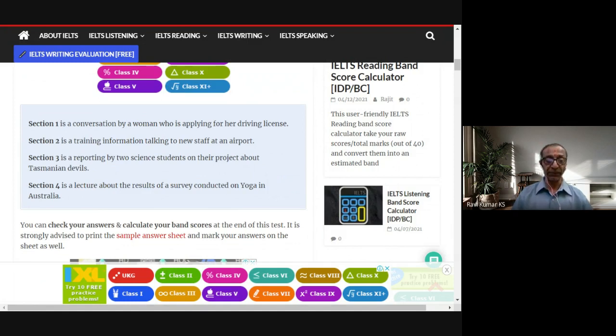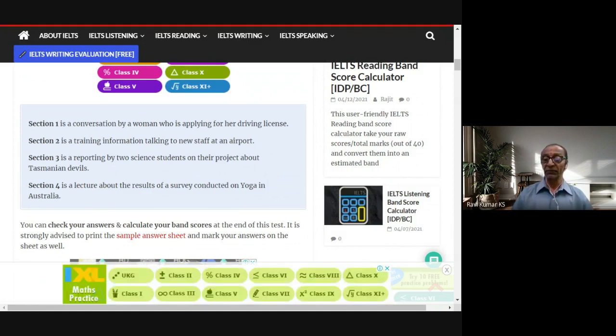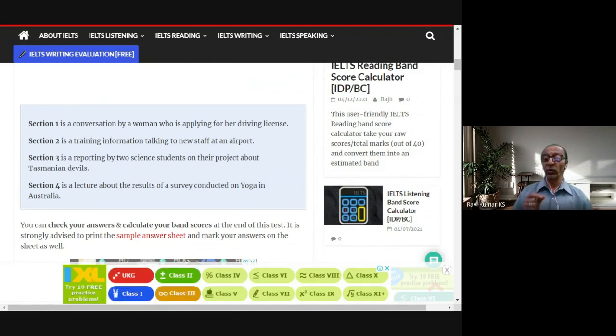And in the first part, it is a conversation between the licensing authority and the woman who has applied for the driving license. In the same way, section 4 is a lecture about the results of a survey conducted on yoga in Australia.